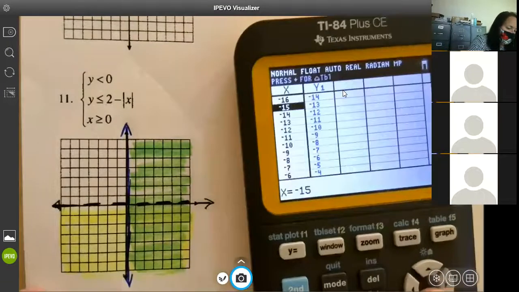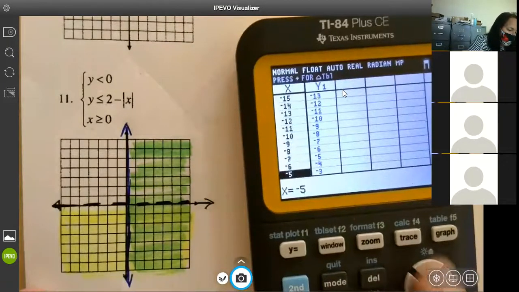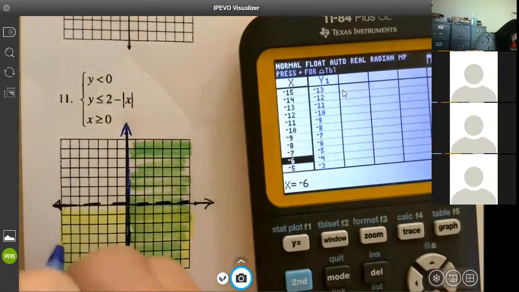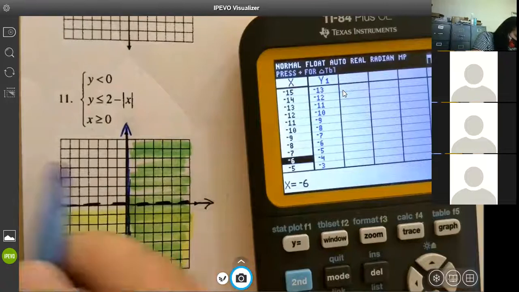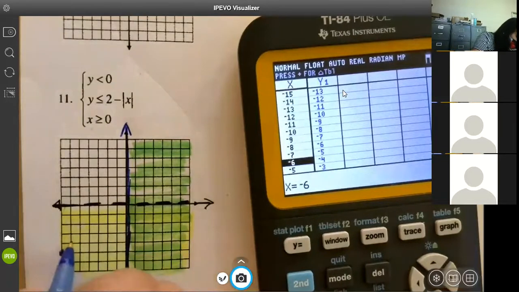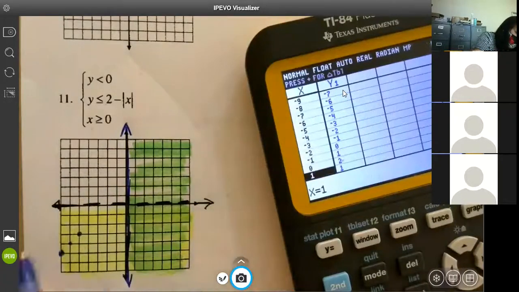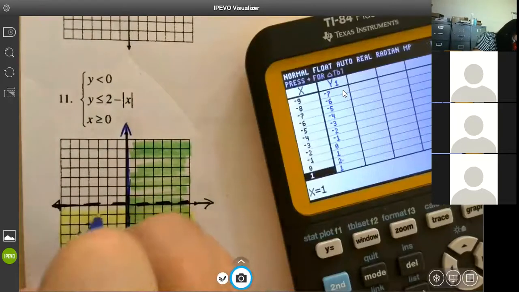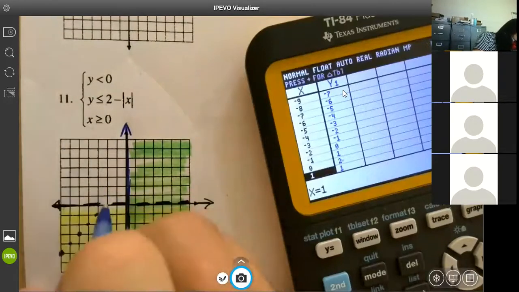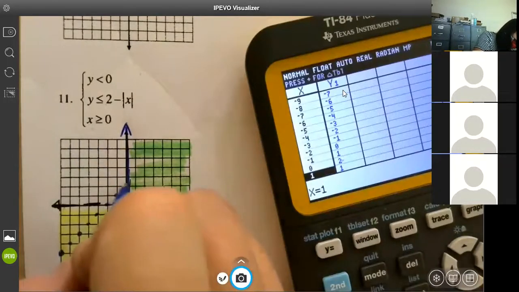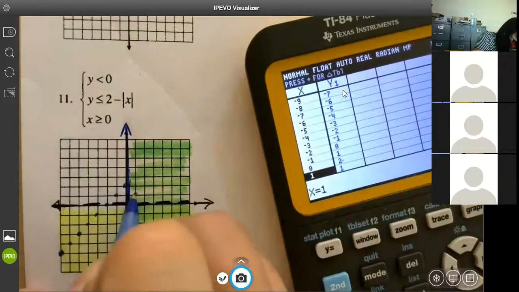Get my coordinates. -7, -5. -6, -4. -5, -3. -4, -2. -3, -1. -2, 0. -1, 1. 0, 2. And then it goes back down 1, 1.